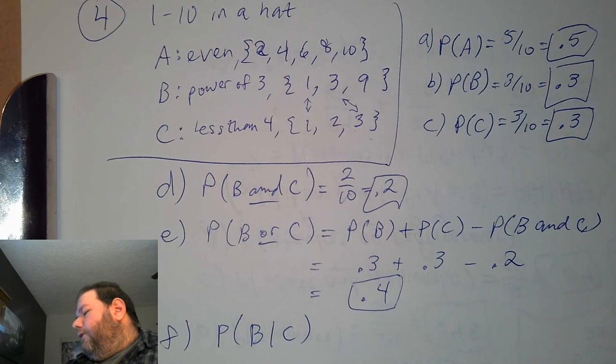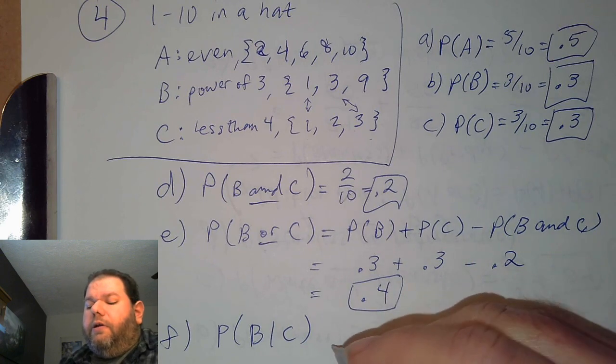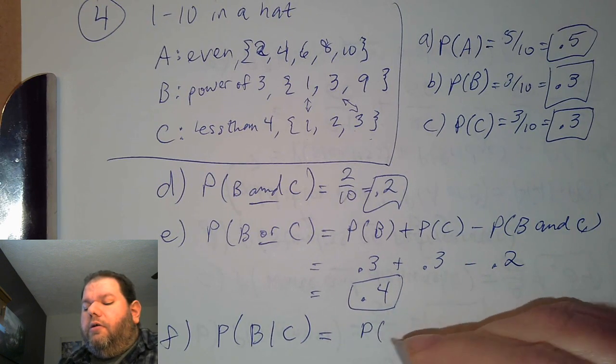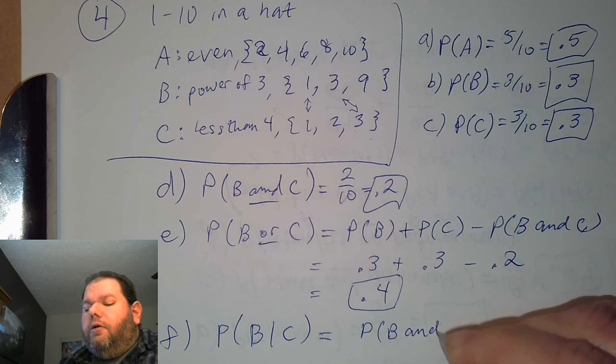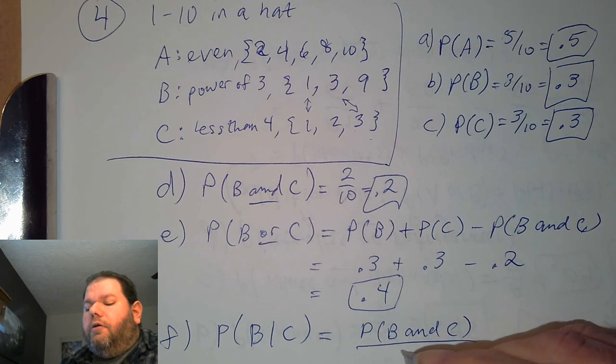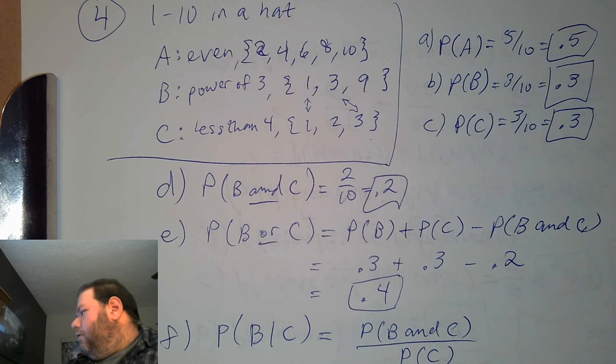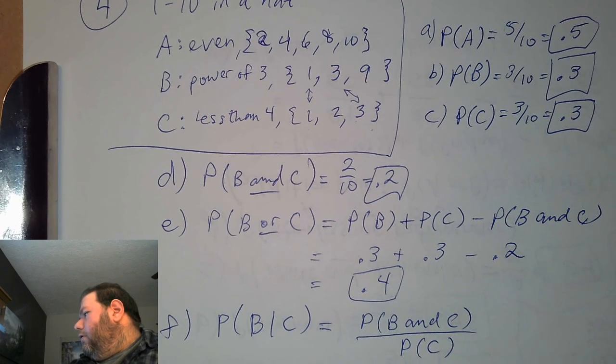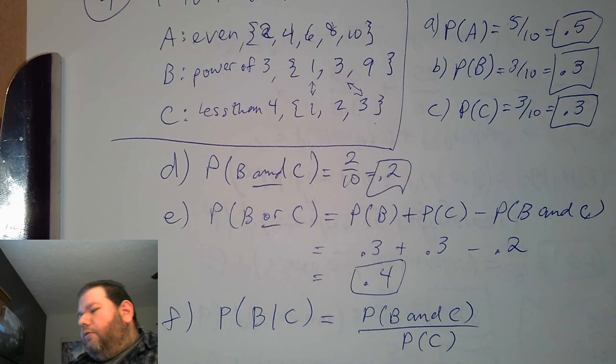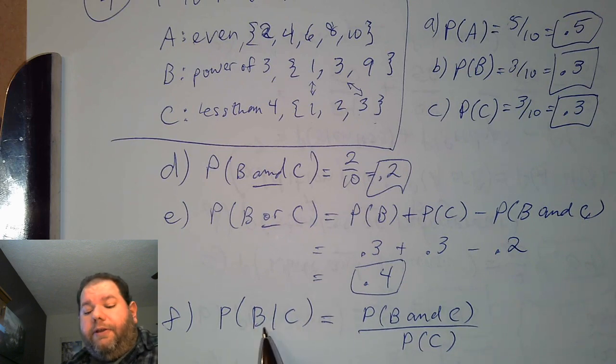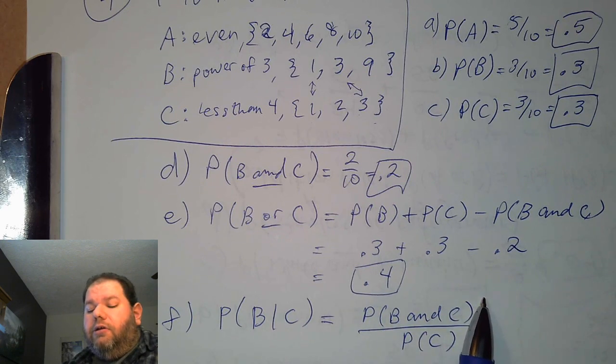Okay, part F, we want the probability of B given C. Now, when we find our conditional probability like this, on top we have the probability of B and C, just the two of them together, so the intersection of those two events.